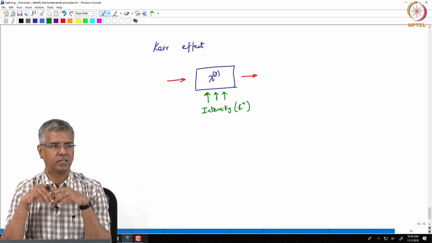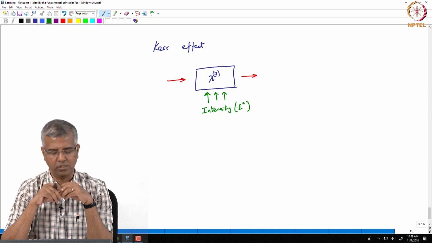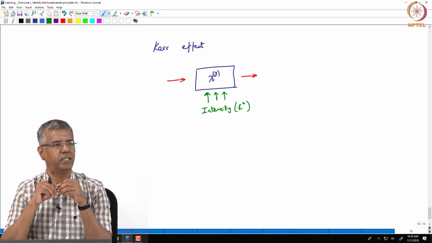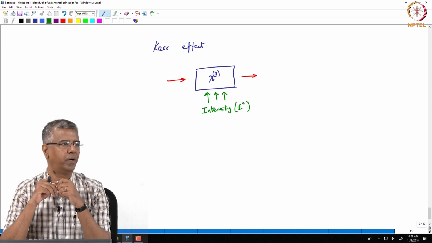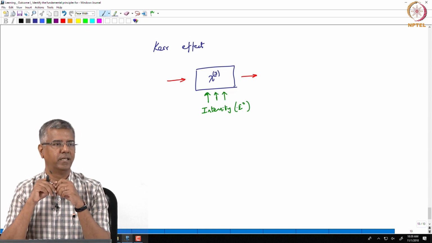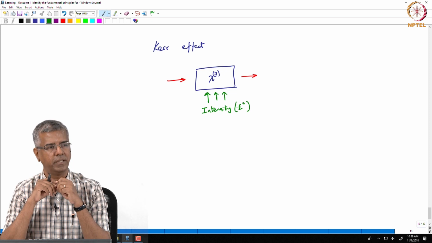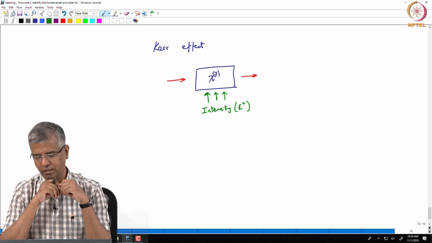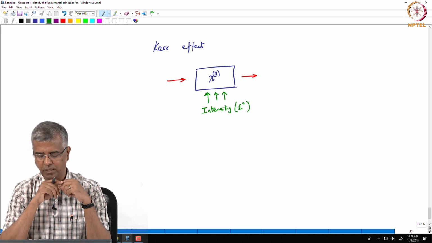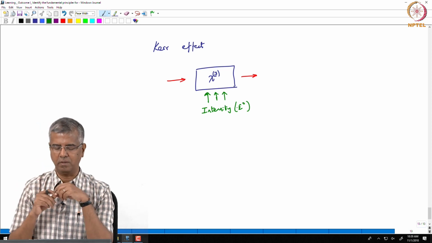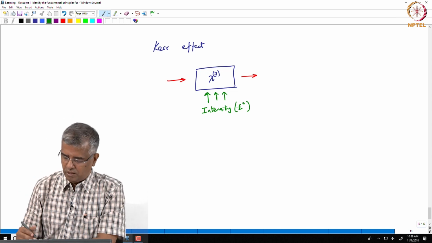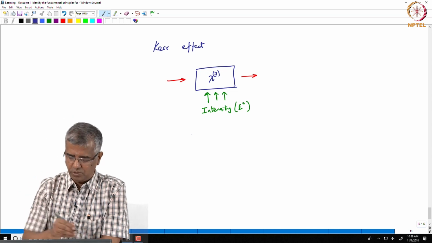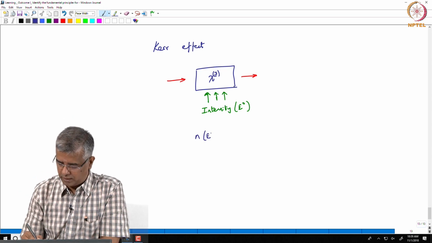But as far as Kerr effect is concerned, since you are doing it with optical intensity, you can come in with a very narrow pulse of light, and during that pulse, you can change the properties of the material.